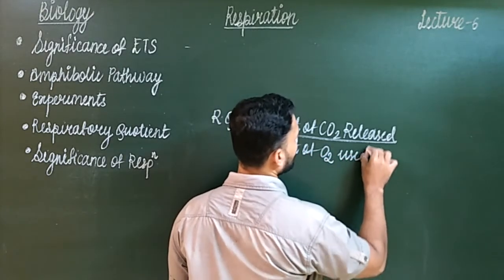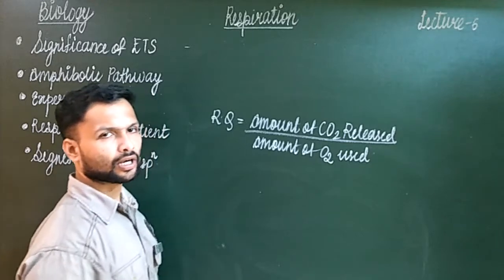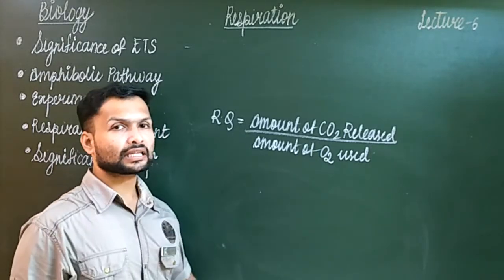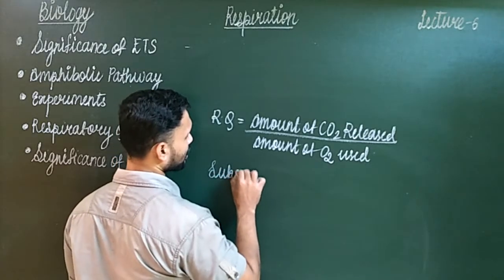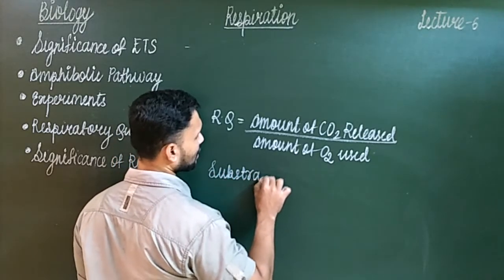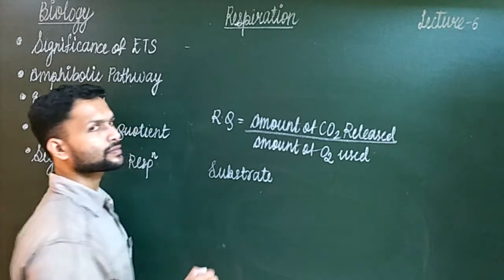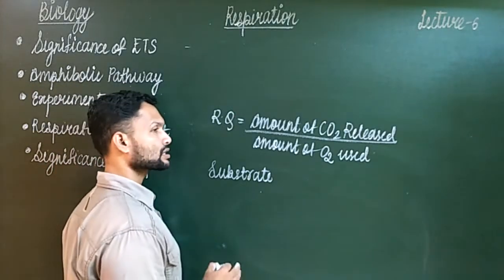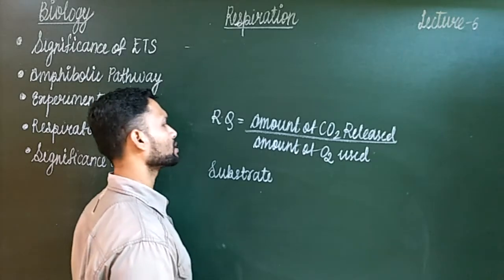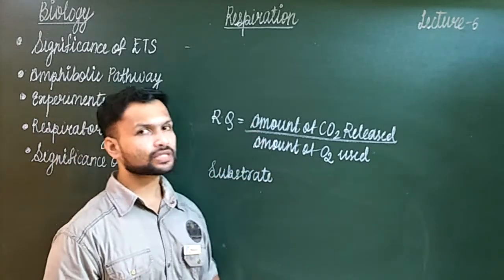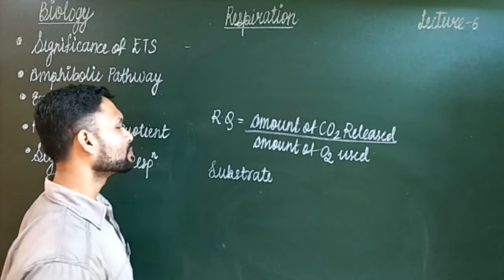When a substrate is degraded, because we know respiration is a catabolic process, the complex substrate will be broken down into CO2 and water. We all know this. But to do that we require oxygen. We know this, so it's simple.